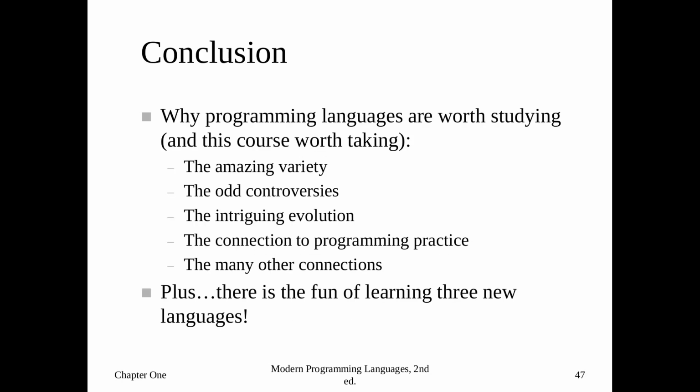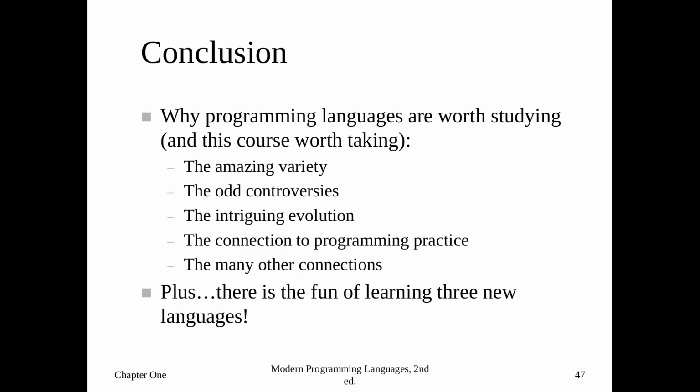Finally, getting all this down, right? So we talked about all these different great things: the amazing variety of languages, the odd controversies, the intriguing evolution. All of this is the reason why we want to take this course, why we want to study languages, right? Not only do you need to understand the different concepts of these different languages, but how we can actually utilize and think in a language, right?